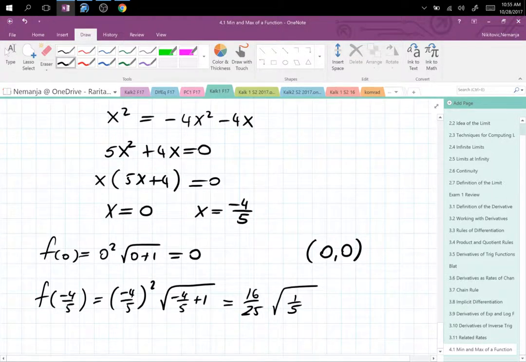So I have the second point, which is negative 4/5, and then 16 over 25 root 1/5.